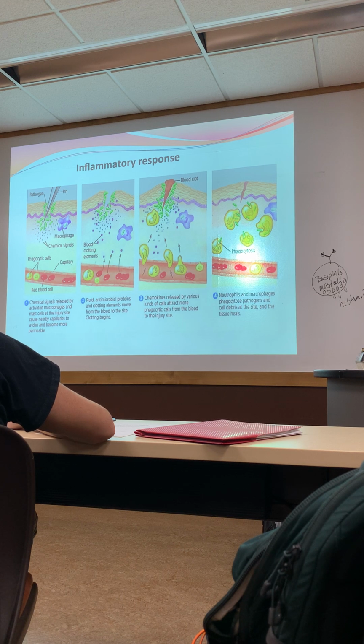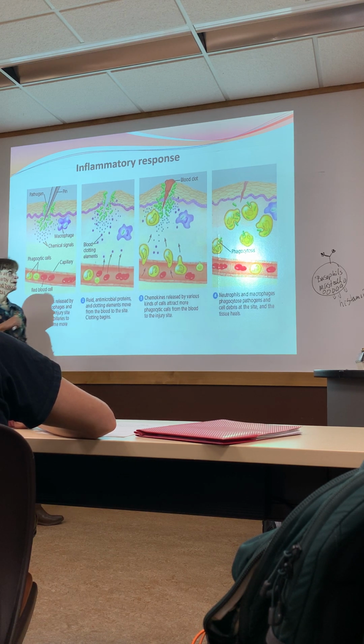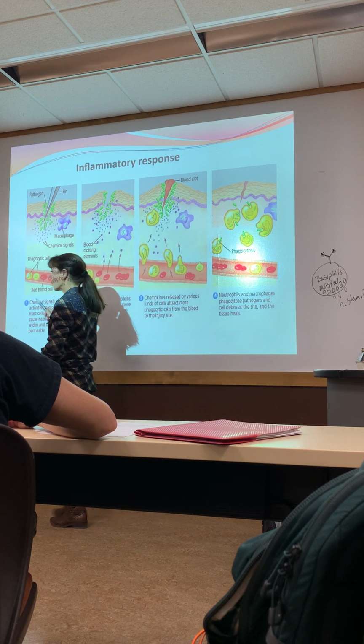So the inflammatory response involves macrophages and neutrophils, which are phagocytes. They don't care what bacteria it is. They don't care if it's Staph epi or Staph aureus or E. coli or whatever.